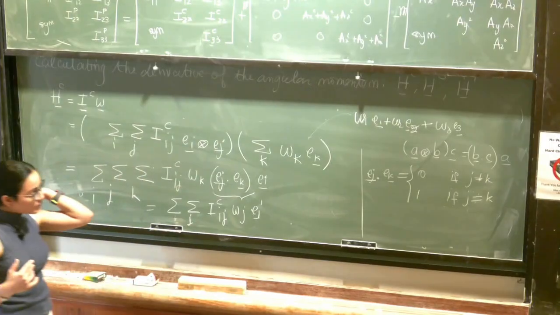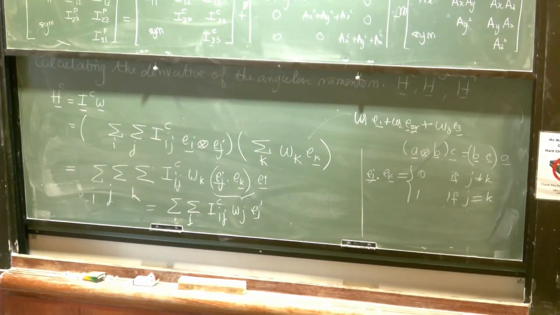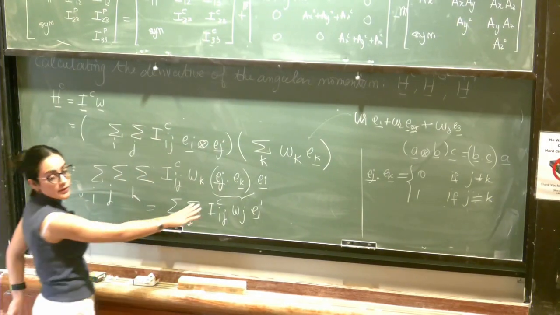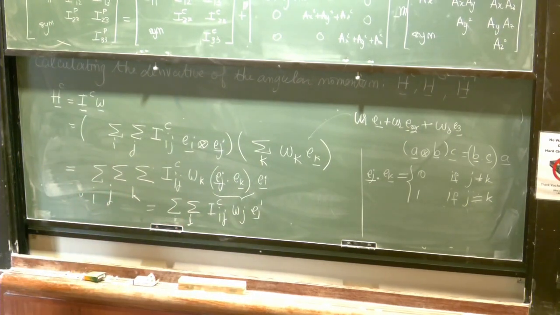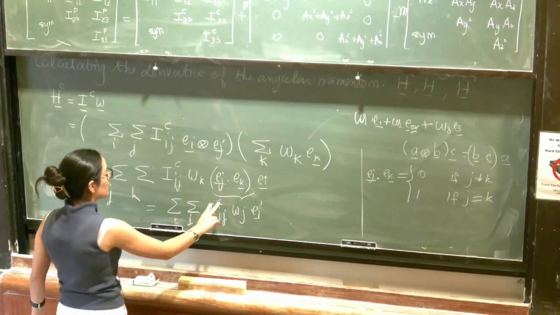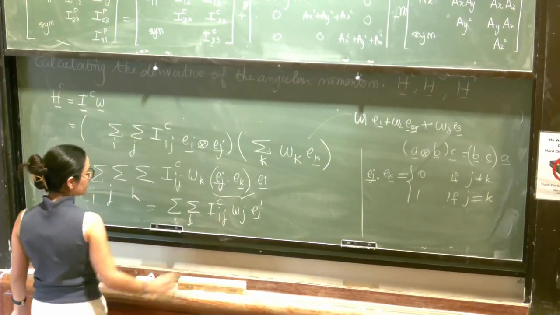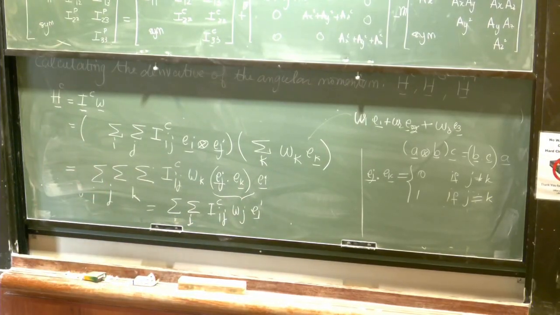So what did I do? I said that when j and k are different, this term is 0, so it cancels out the term from the sum. So I just kept the terms in the sum where j and k are equal. So I replaced k by j. So now it's a sum over two indices.